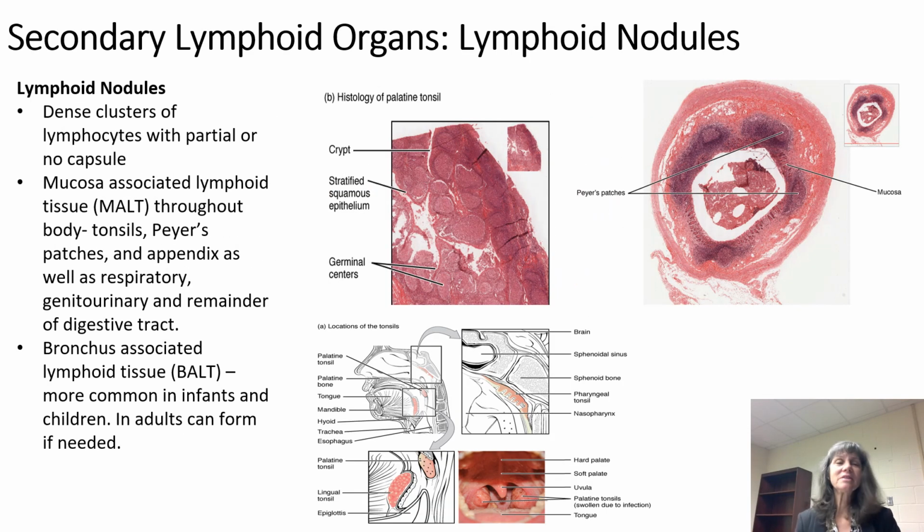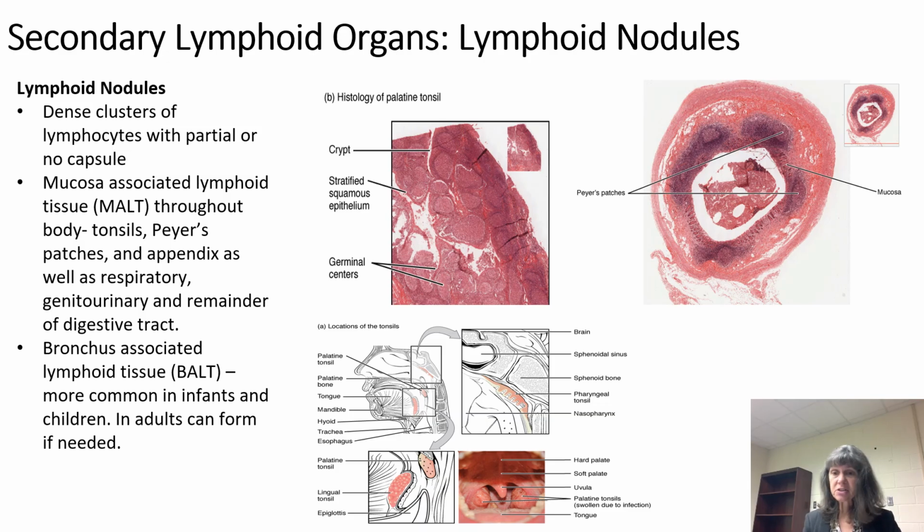to lymphoid nodules. Lymphoid nodules are dense clusters where we find a lot of lymphocytes, and these lymphoid nodules are usually not encapsulated, but sometimes you'll find a partial connective tissue capsule. Now, lymphoid nodules are often referred to as mucosa-associated lymphoid tissue, or MALT, and this is found throughout the body.